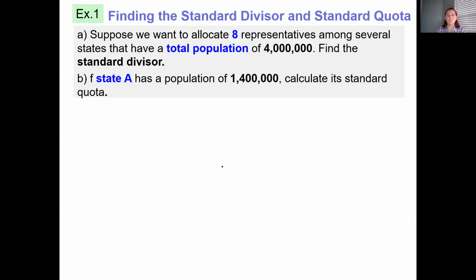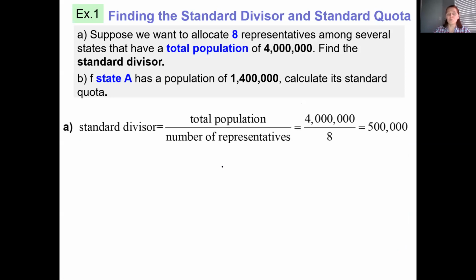Let us calculate the standard quota for this example. Suppose that we want to allocate 8 representatives among several states that have a total population of 4 million. Find the standard divisor, and if state A has a population of 1,400,000, calculate its standard quota. First, the standard divisor.